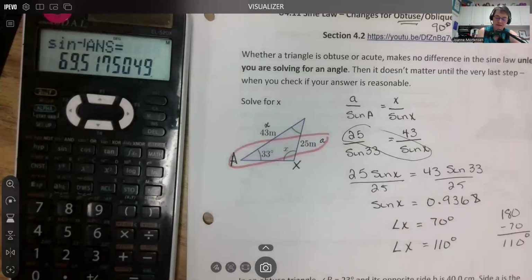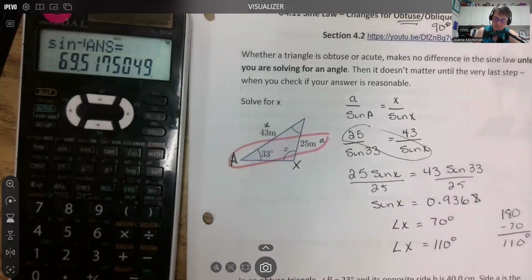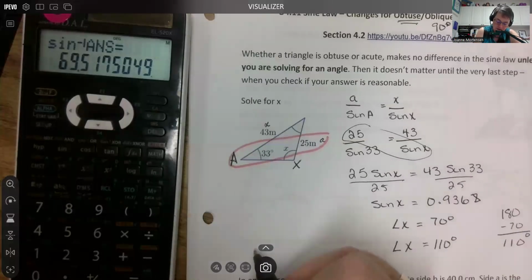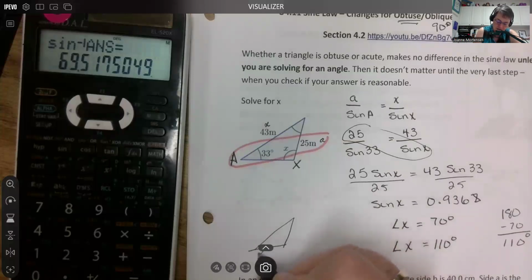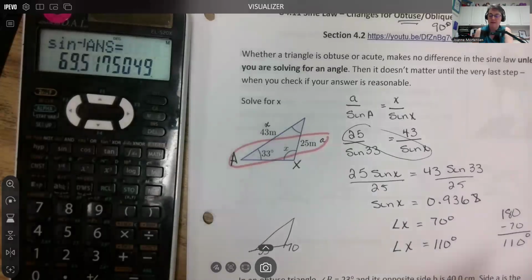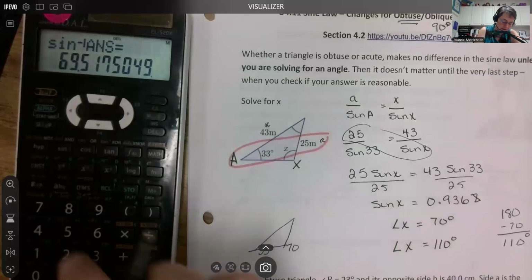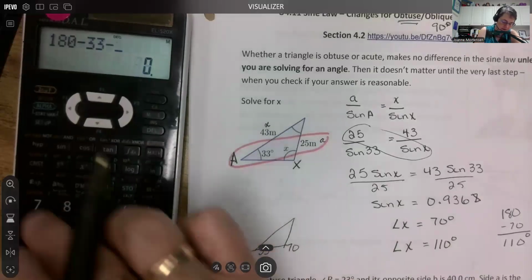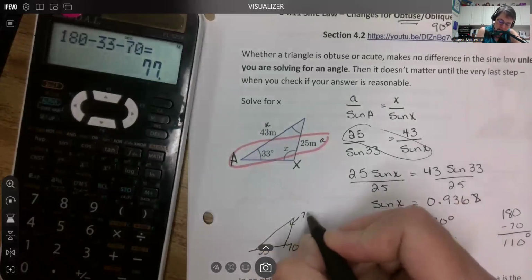Now, how come I did that? Because clearly in my diagram, this is the longest side. You don't need to put this on yours, but just to explain: if this is 33 and this is 70, let's pretend we didn't know this, then I'd have 180 minus 33 minus 70, and that would make this angle over here 77 degrees.